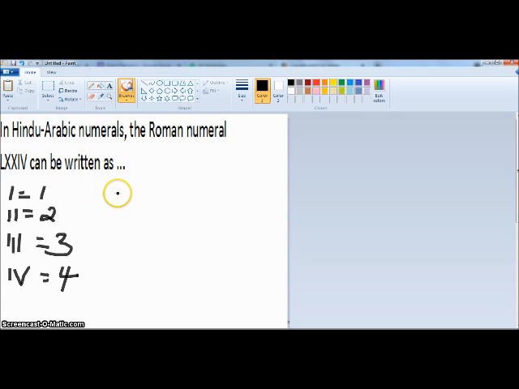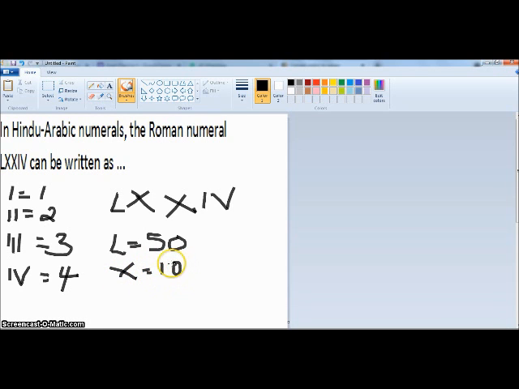Now when you look at L, X, X, I, V, L in Roman numerals is 50. X is 10. So that means if you have XX, that will be 20.